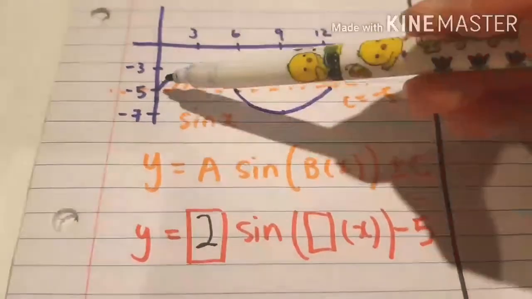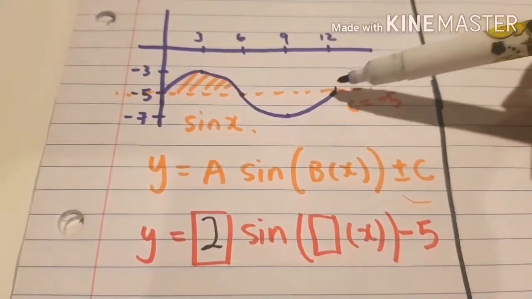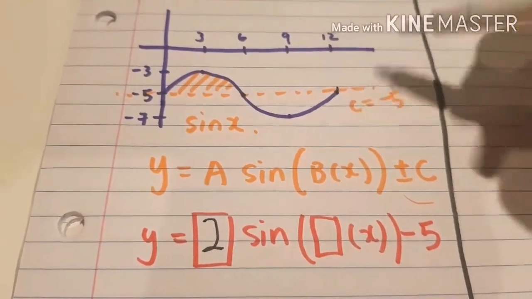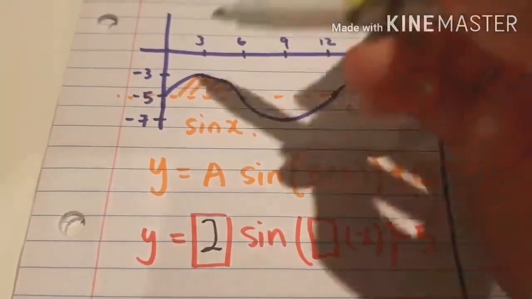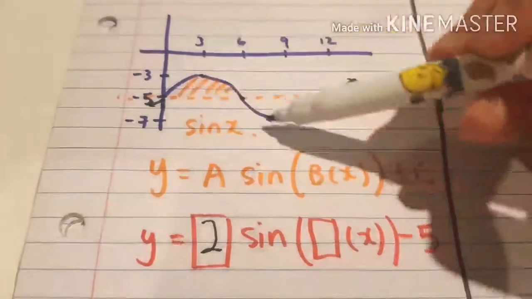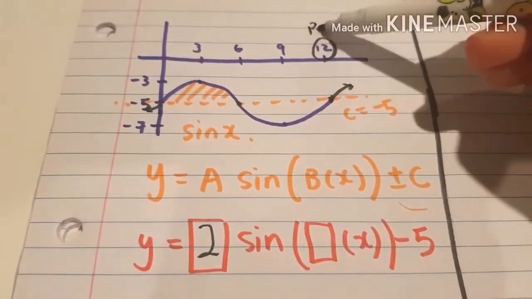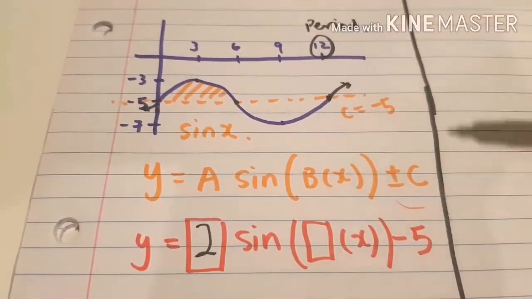Now you tell me what the period is. Half a circle and a half a circle. It ends here, so that's my one full period. Remember, it's going on and on. I just drew the one full cycle for you, and one full cycle ends here, which is 12, so that should be my period.